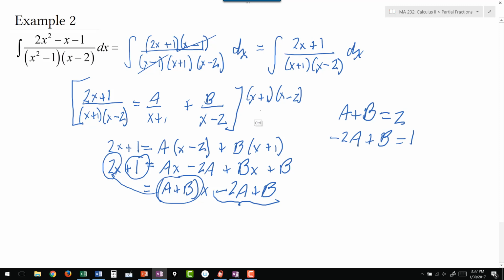I'll start with the first equation. If a plus b is equal to 2, then a is equal to 2 minus b.